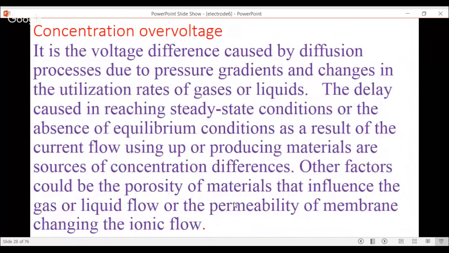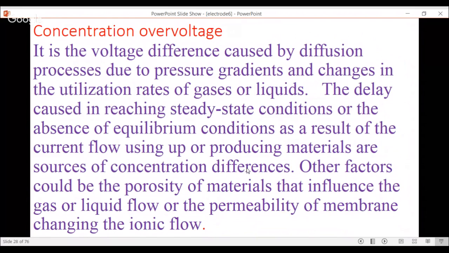The concentration over voltage is the voltage difference caused by diffusion process due to pressure gradients and changes in the utilization rates of gases or liquids. The delay in reaching the steady state conditions, or the absence of equilibrium conditions as a result of the current flow, using up or producing materials, are sources of concentration differences.